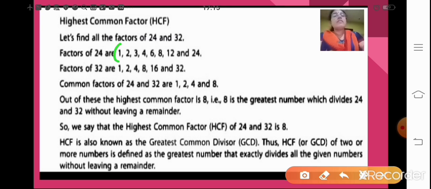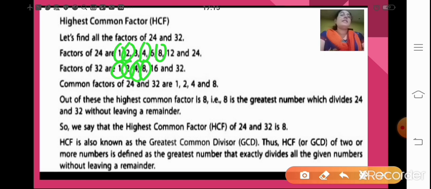Now from these two sets of factors, the factors of 24 and the factors of 32, which are the common factors? The factors 1, 2, 4 and also the number 8. Now 1, 2, 4 and 8 are the common factors of 24 and 32. Out of these, which one is the greatest?